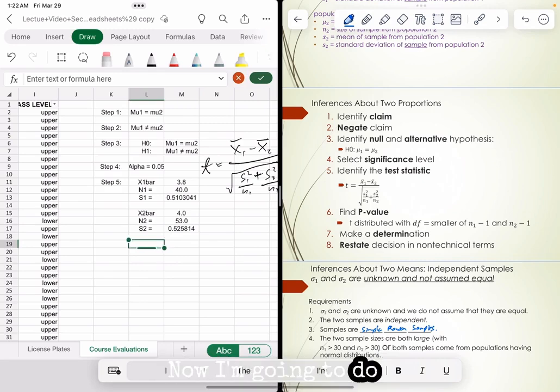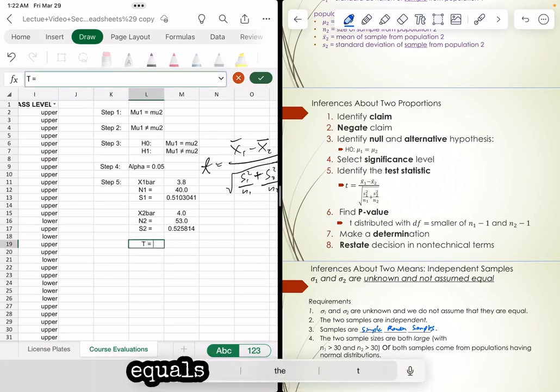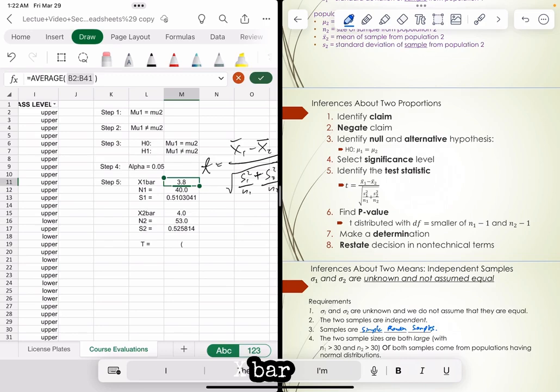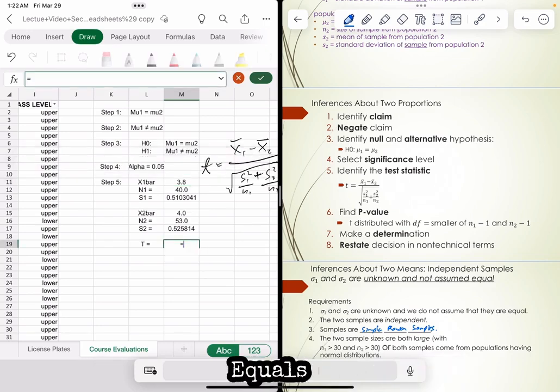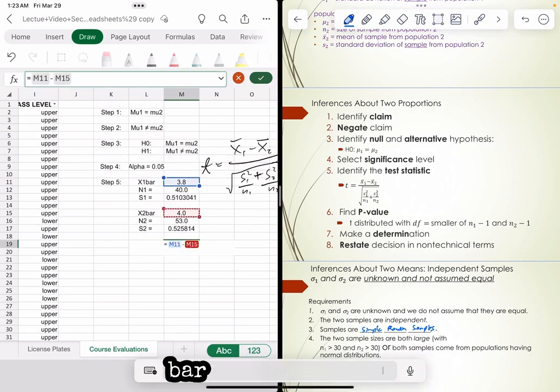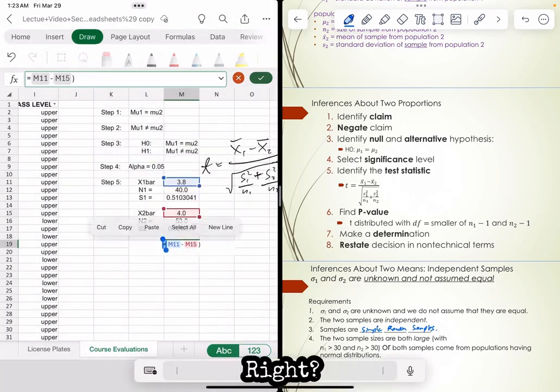Now I'm going to do T equals, put it all together: X1 bar minus X2 bar. Oh, I forgot my parentheses. All right, there we go.